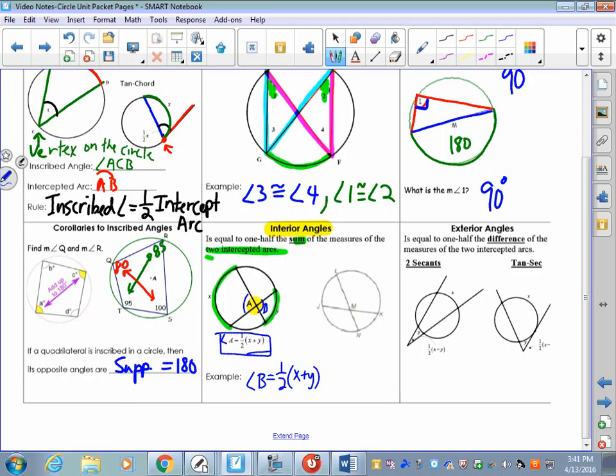So if I want to find the measure of an interior angle, let's say I put a number 1 there. I need the intercepted arc.